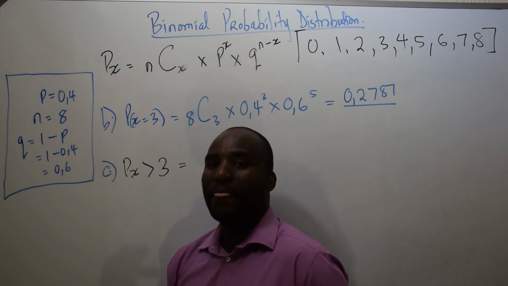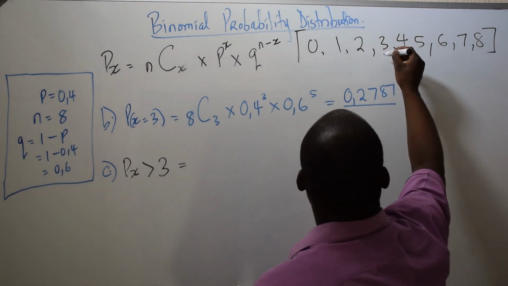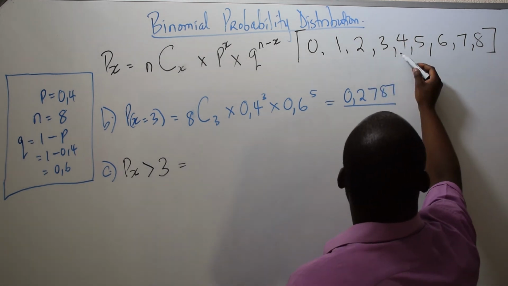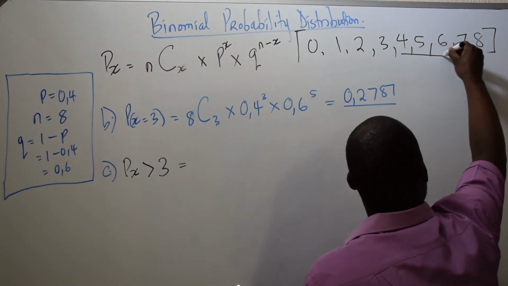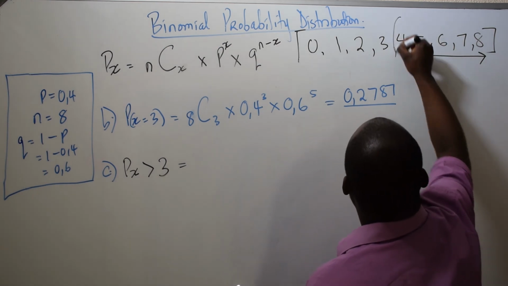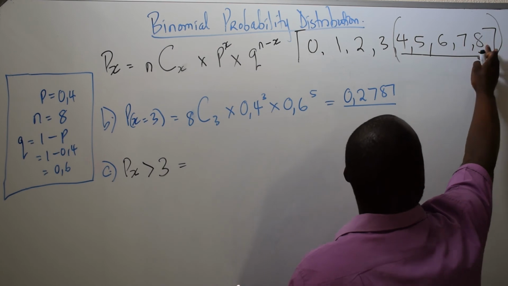What are we saying here? We're saying the probability of getting greater than 3. If we look at our number line, more than 3 would not encompass the 3, but would start from there and go this way. So we're supposed to calculate now the probability of 4, 5, 6, 7, and 8.